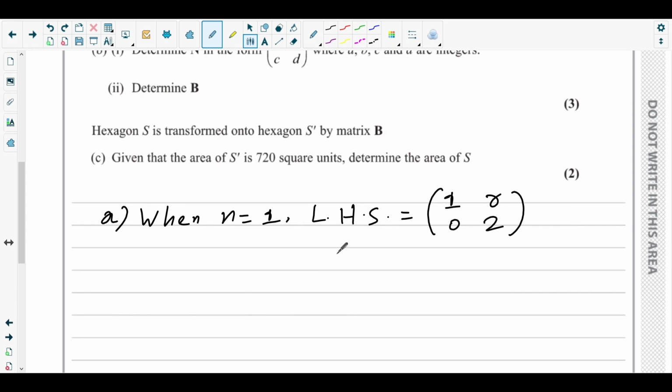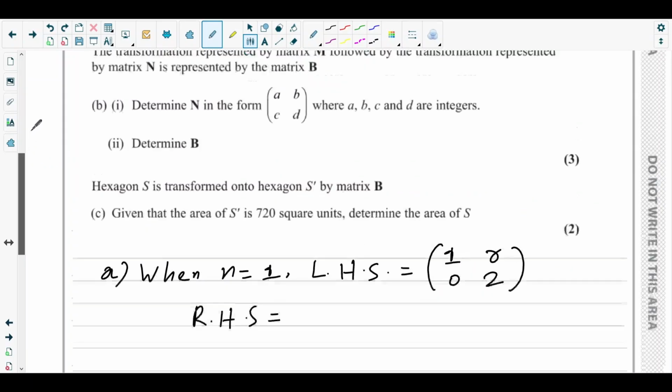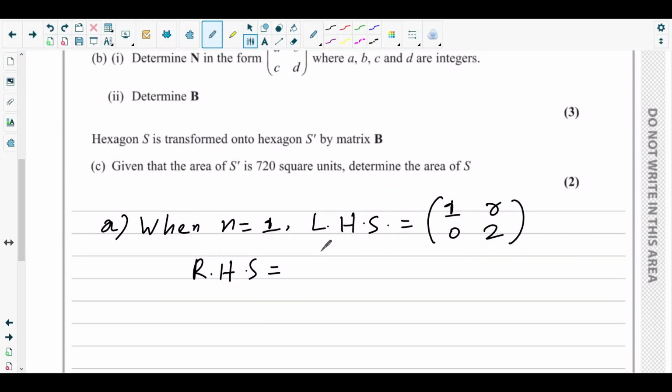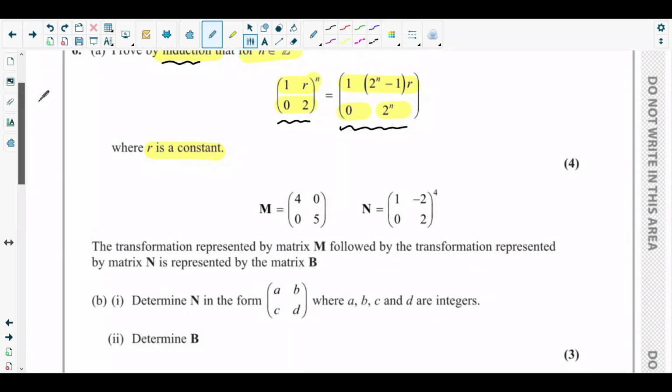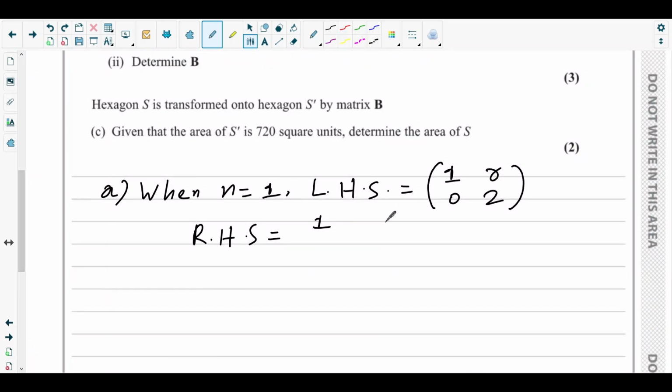Now the right hand side is (1 2^1 - 1 r; 0 2^1). 2 to the power 1 is basically 2, so 2 minus 1, then r, then 0, and then 2.